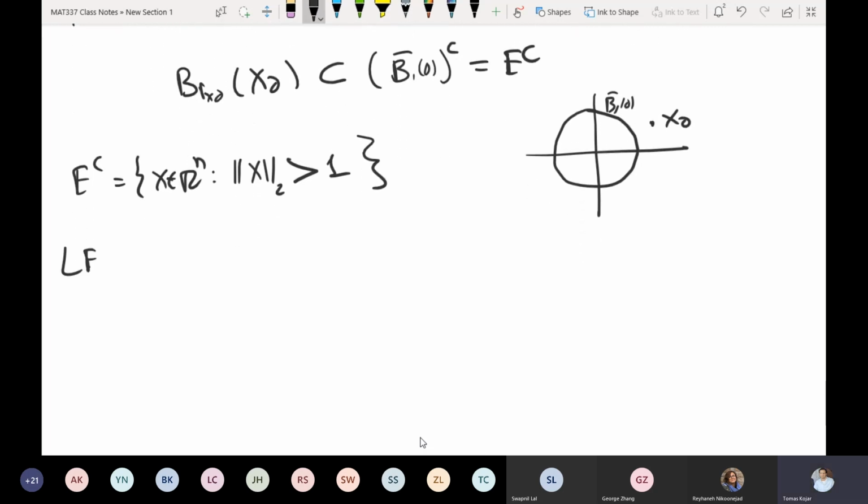So let epsilon naught, in fact, I can just write radius. Let R_{x naught} equal (|x naught| minus 1) over 2.